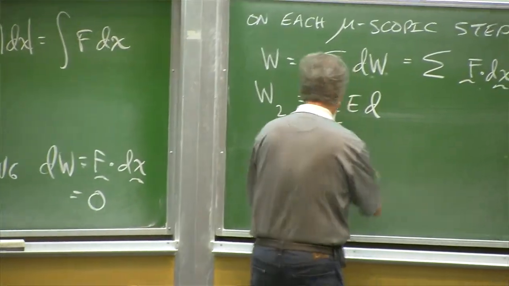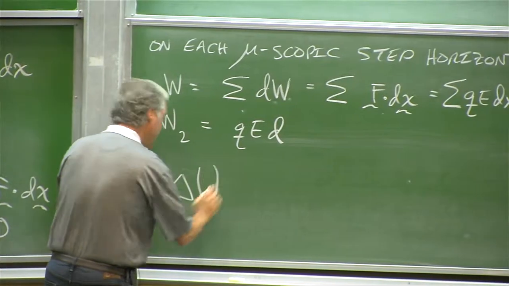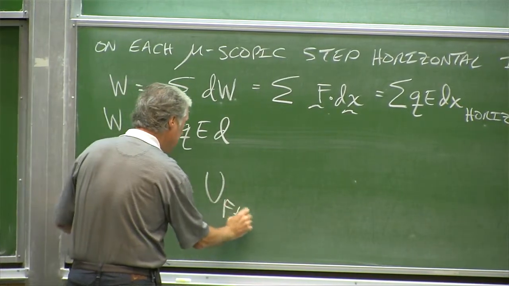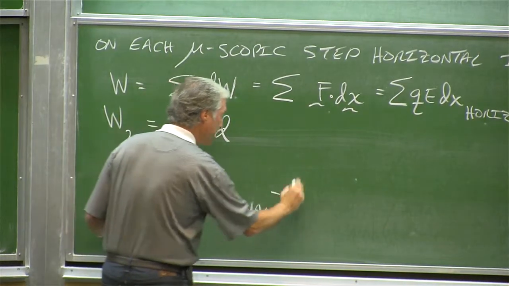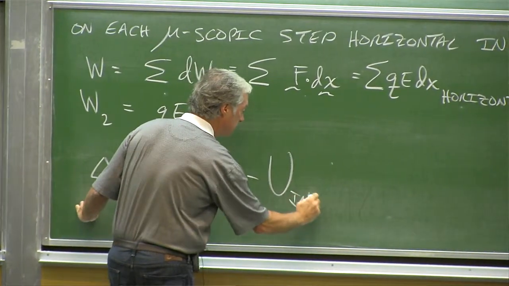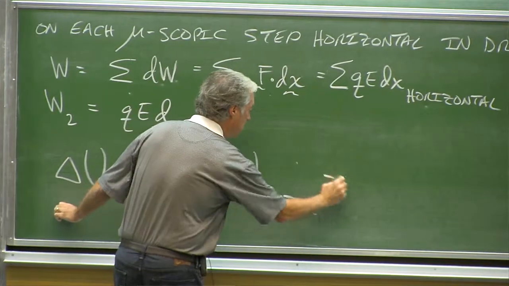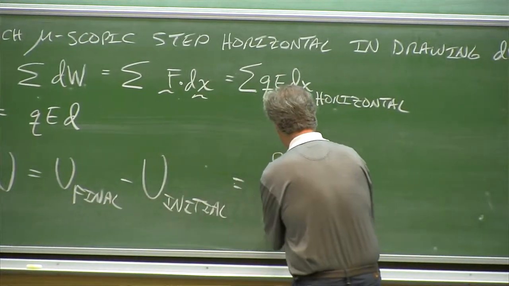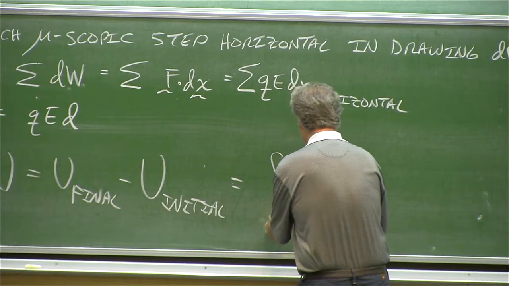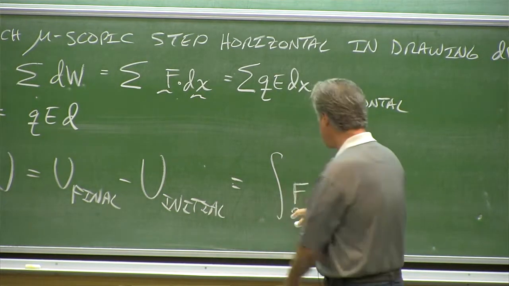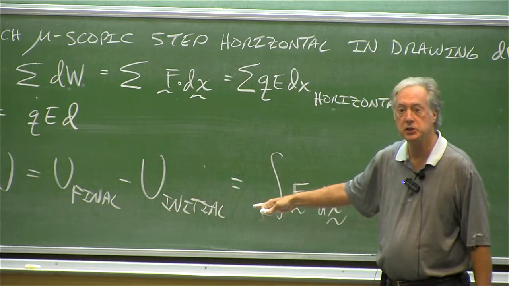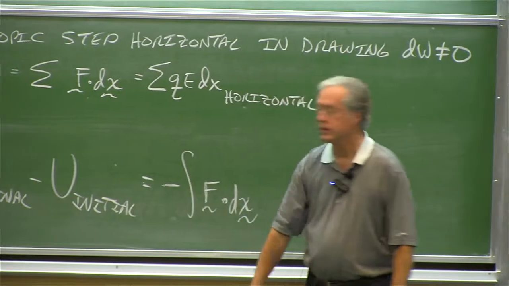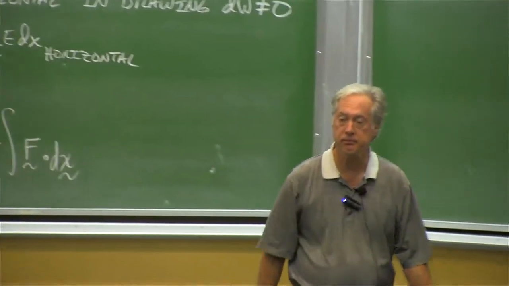And the change in potential energy going from the final minus the initial is related to the work that's done. As the work is done, the potential energy gets lower. So the more work that gets done, the lower the potential energy.